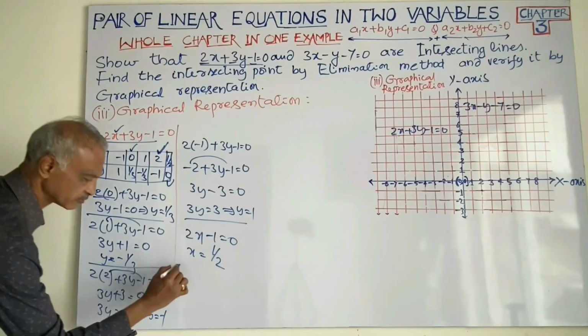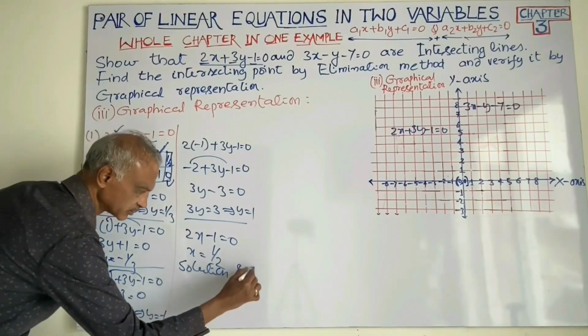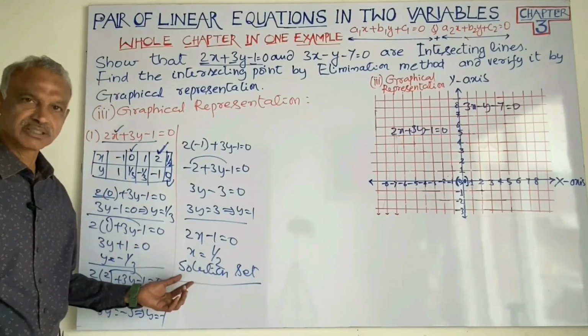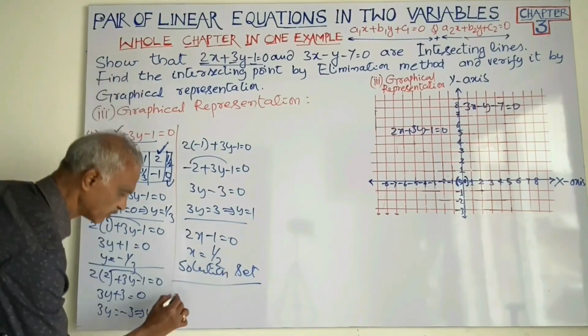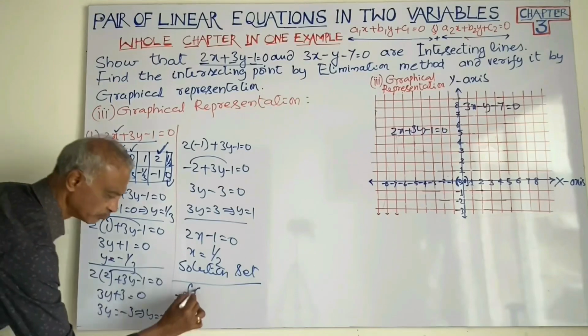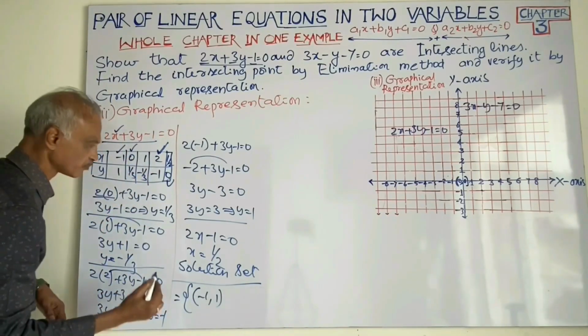Now we will prepare a solution set to draw the line. What is the solution set you have? Minus 1, 1 and 0, 1 by 3.